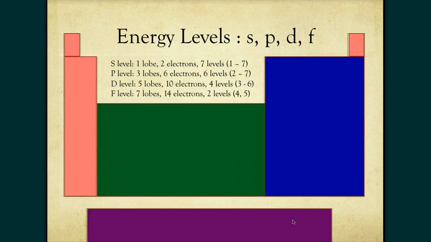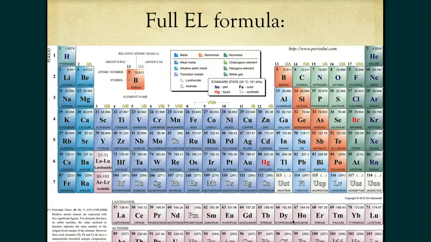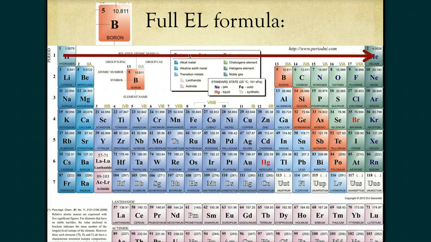Now, how do we figure out the formula? How can we write out the full energy level formula for some kind of an element? So let's say we want to do boron. Boron is right here, and the way we figure it out, we go by the first level is 1s, and we go through 1s1, 1s2, so I can say 1s2 is all occupied.